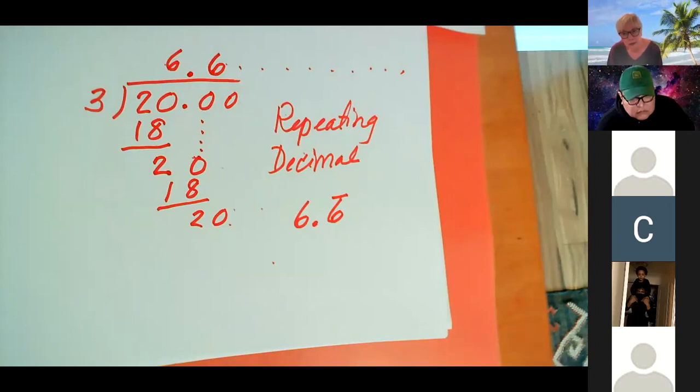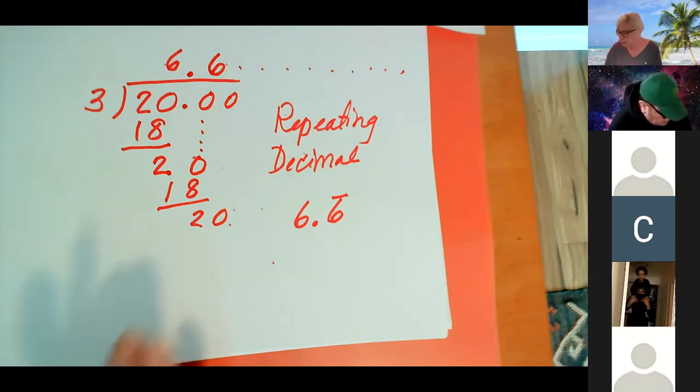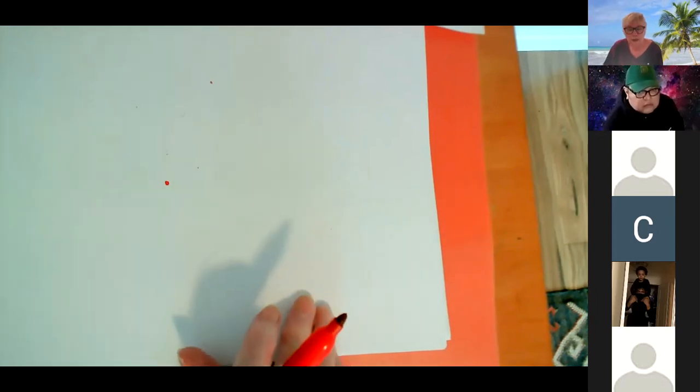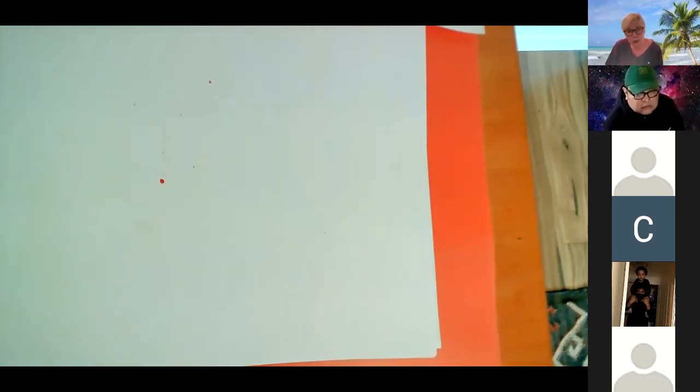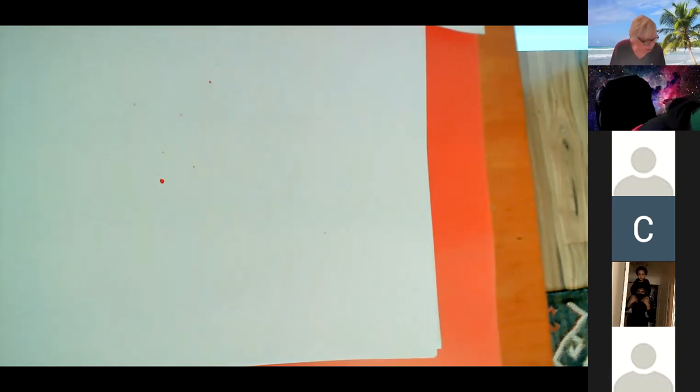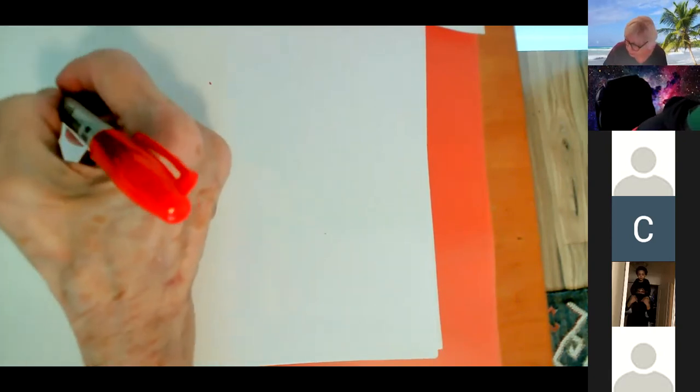Actually, when you divide by 7, it goes into a loop. It's like 6 digits long, and then it goes into a loop. Most people don't divide far enough to see it. But what I want to do, I want to do one more.